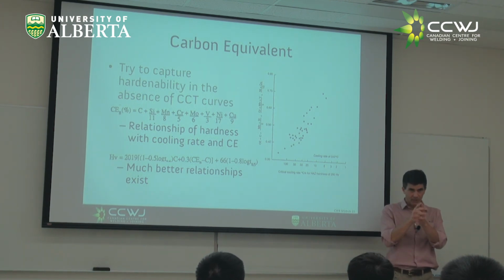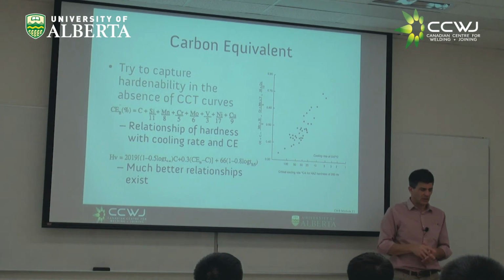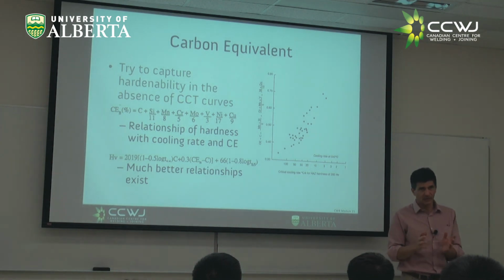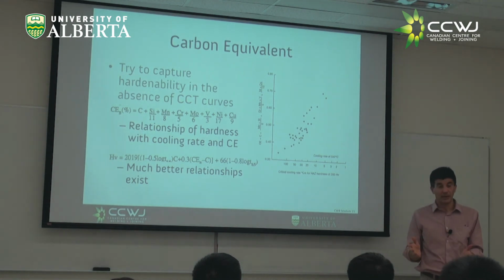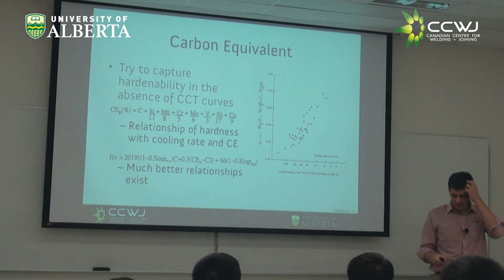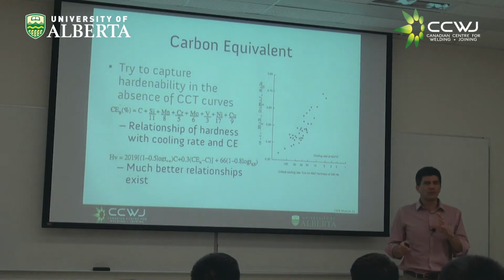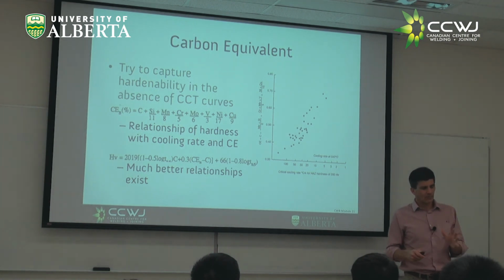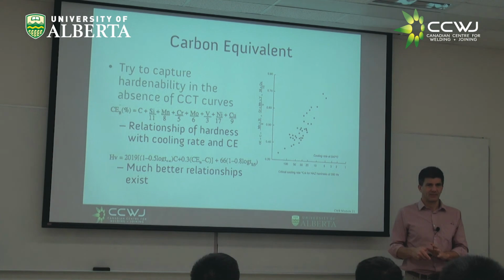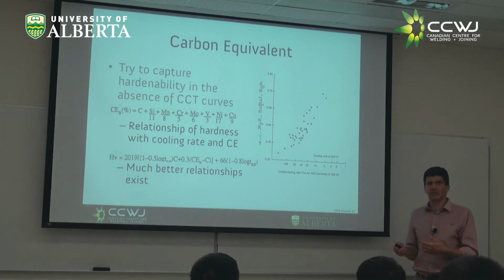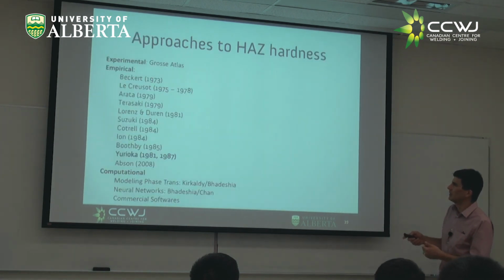You need to leave, but I want you to learn this. So somehow, and if anybody else needs to leave, my bad. I should have told you in advance. But I want you to learn to use formulas to relate carbon equivalent to cooling rate to hardness. Right? These formulas essentially synthesize what all these things I've been trying to explain to you from fundamentals.